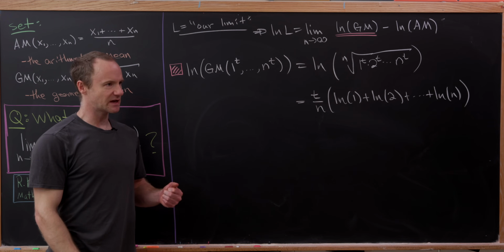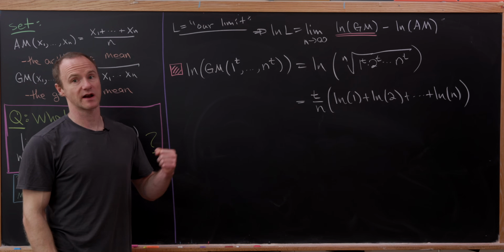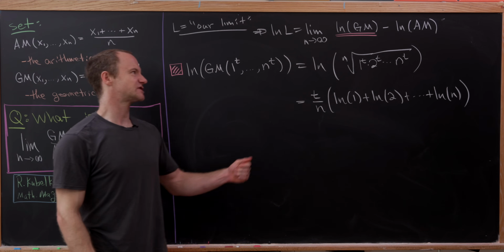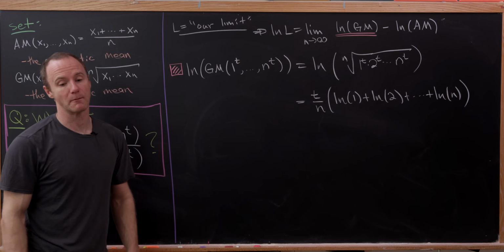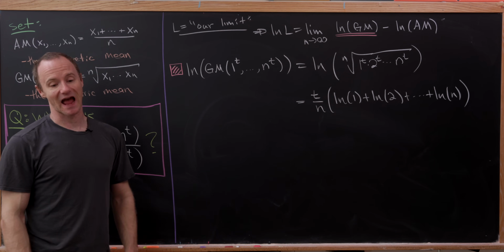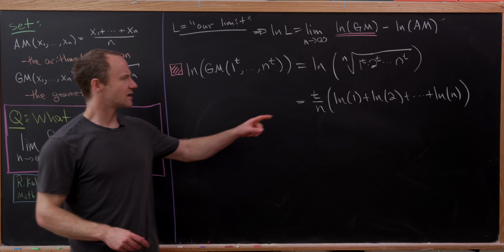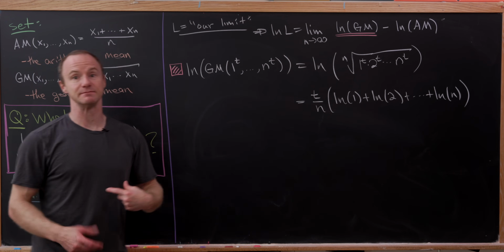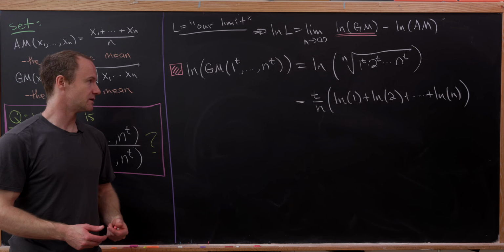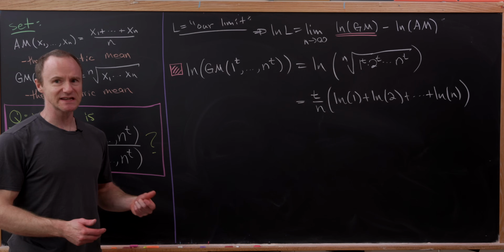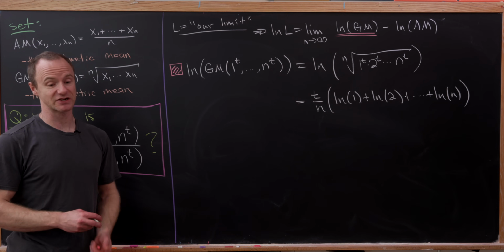And again, that's because a natural log turns a product into a sum, and then it turns exponentiation into multiplication. So that's exactly what we have going on here. Okay, but seeing a sum like this makes me think about a Riemann sum. And in fact, in this case, it looks like a Riemann sum of the natural log function.